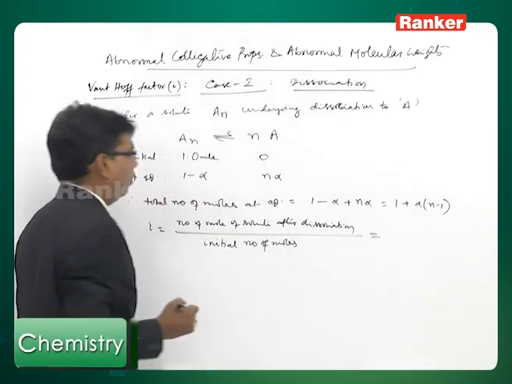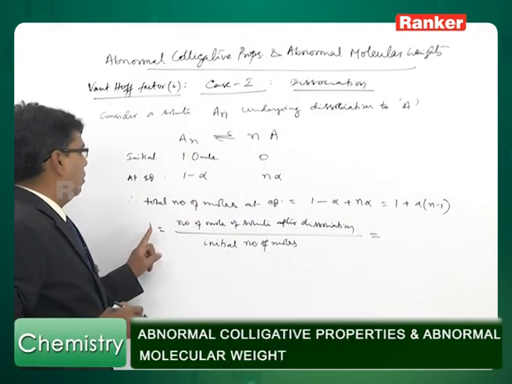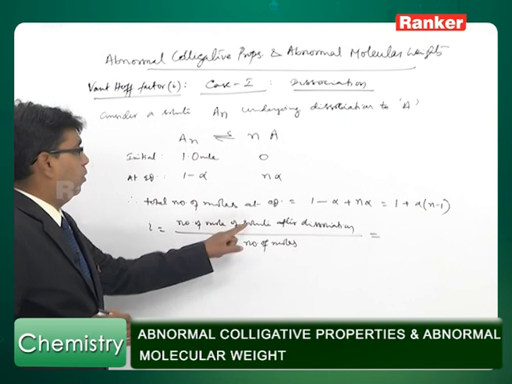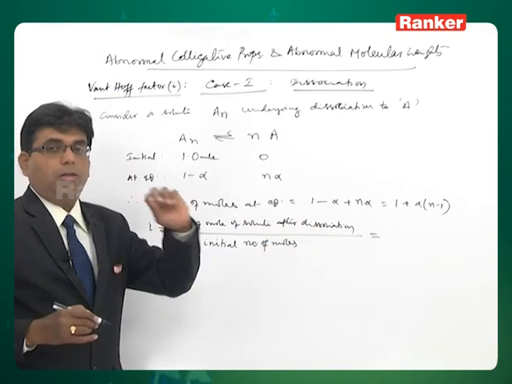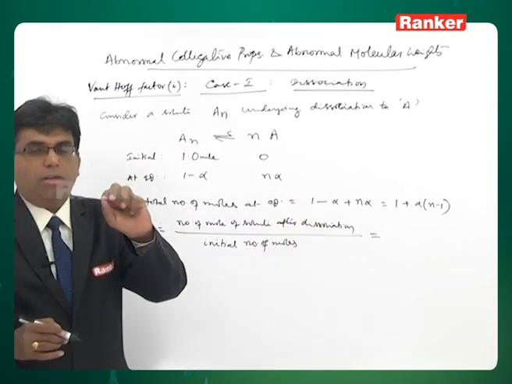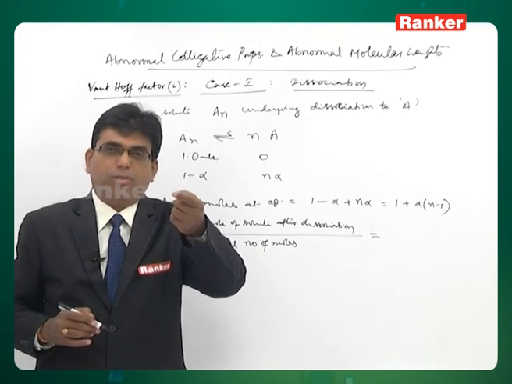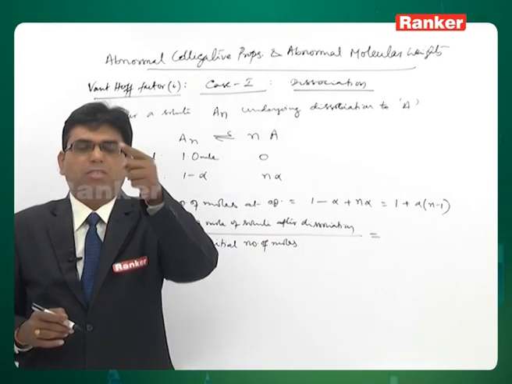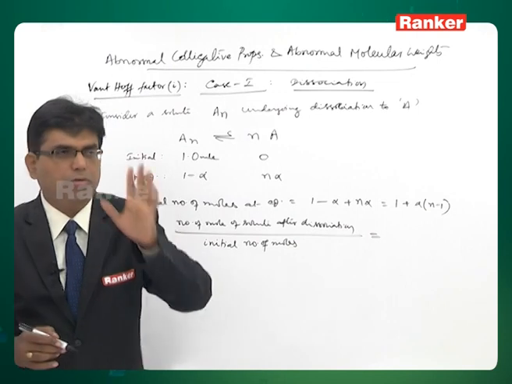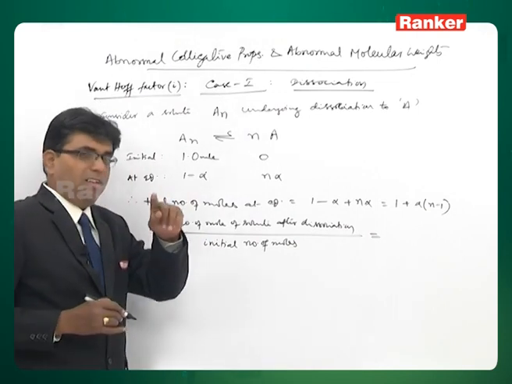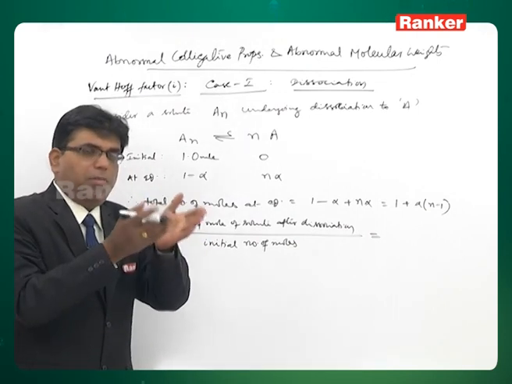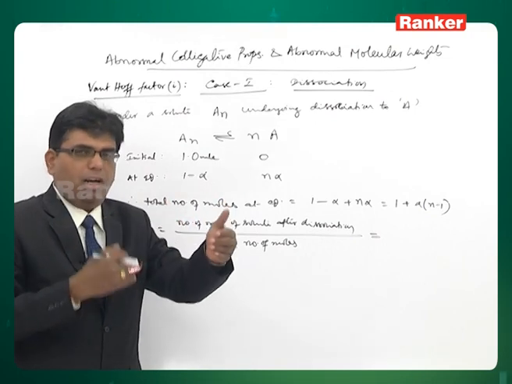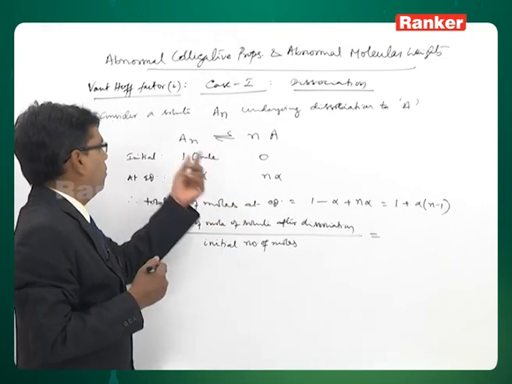What is the basic reason for colligative property to change from theoretical to experimental? Because the solute is undergoing either association or dissociation. That means there is a change in the number of moles of solute before and after association or dissociation.